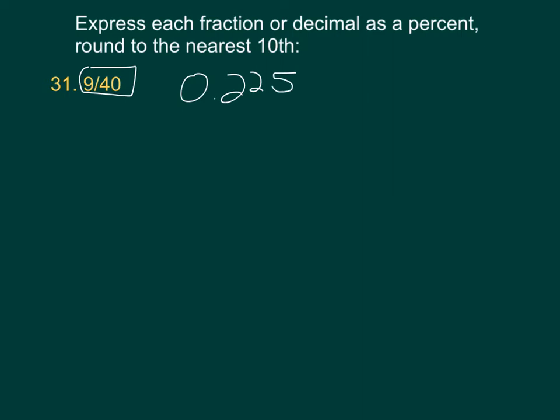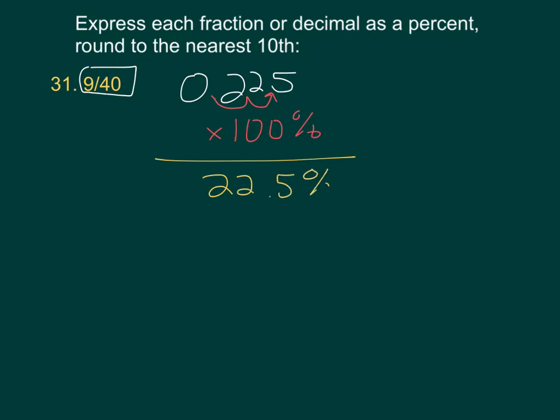Well, when I went from a percent to a fraction or decimal, I divided by 100. So to go back, I need to multiply times 100%. And what do I end up with? 22.5%.